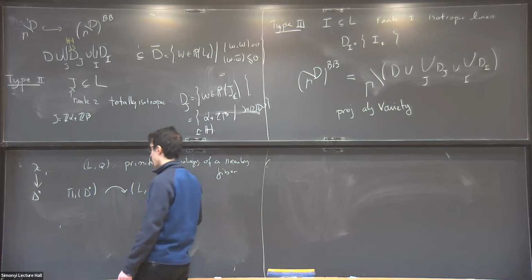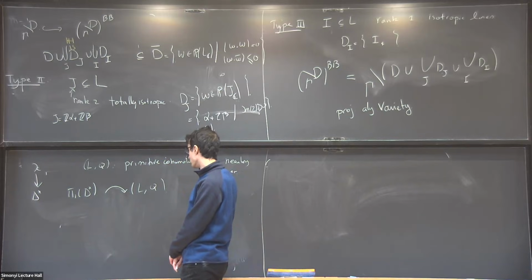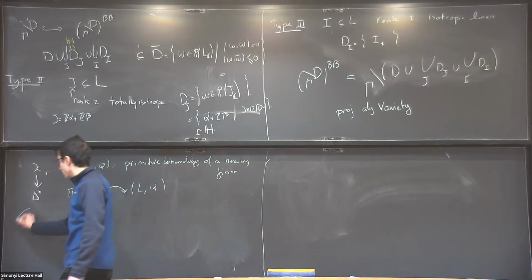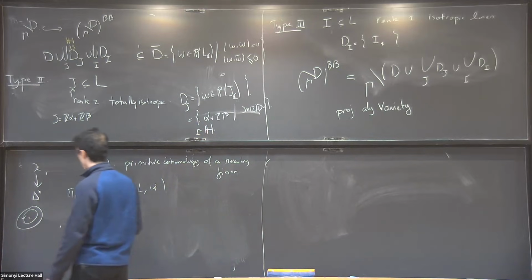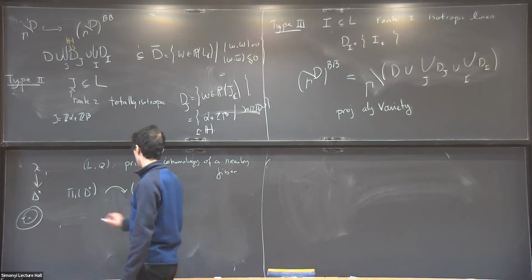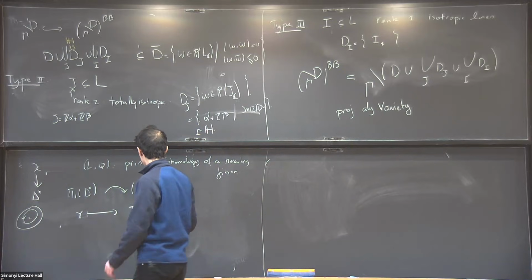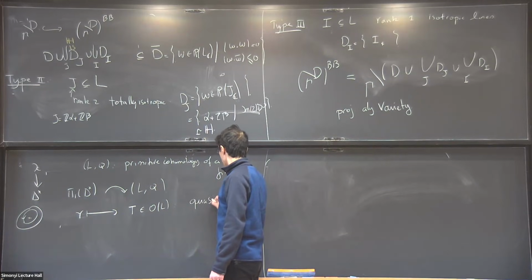This is just the monodromy action. And it is a theorem that the π1 of the punctured disk is generated by a single element, like a clockwise or anti-clockwise loop. And so it maps to some element T in the orthogonal group of this lattice. And in fact, this element is always quasi-unipotent.